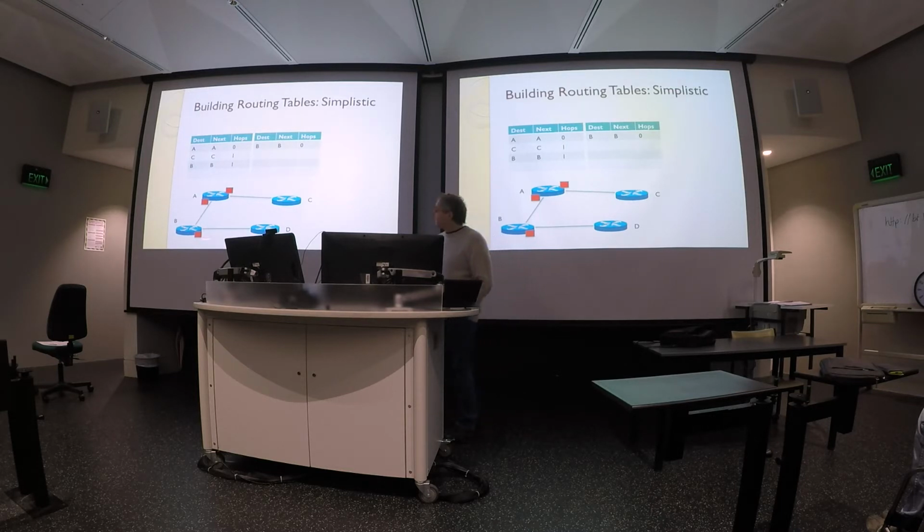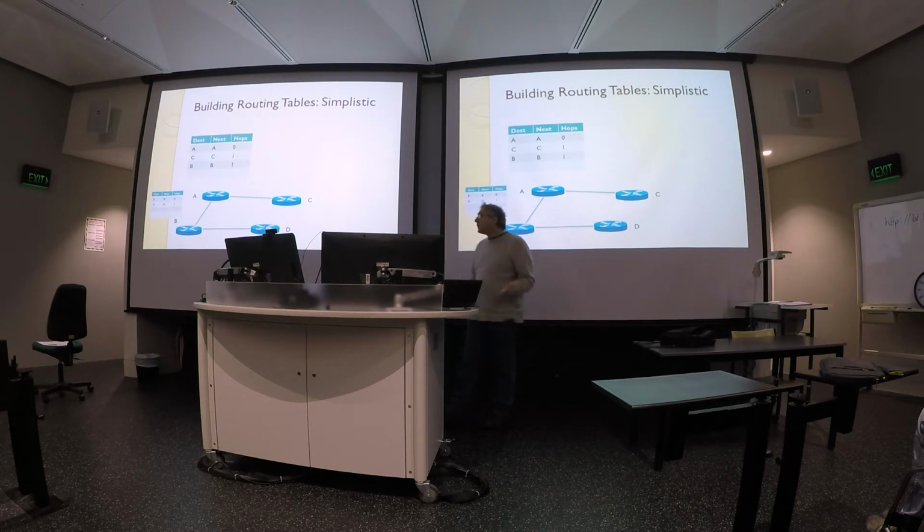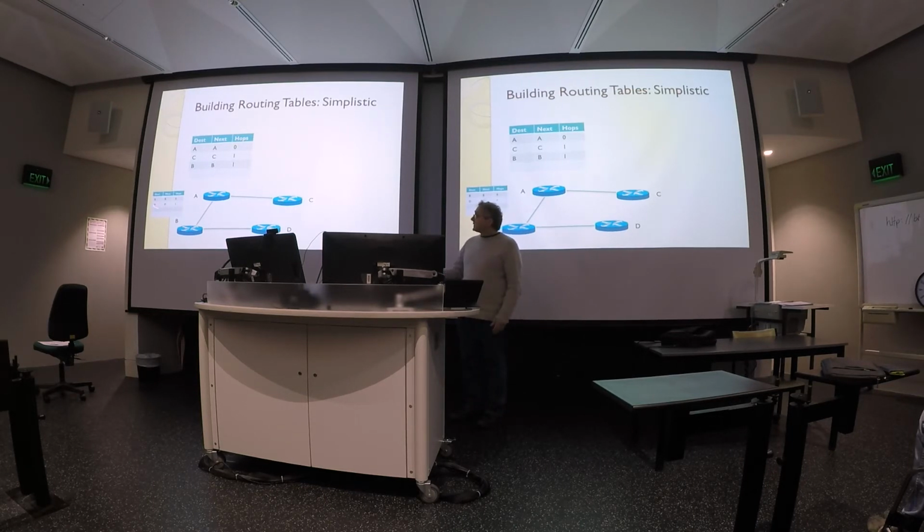Now remember D sent a message to B containing D's equivalent of this. Sorry, I got ahead of myself. B updates its table and says, oh, hey, I've discovered a new route. I know now how to get to D. I better tell all my friends about it. So it sends that to A and to D as well.